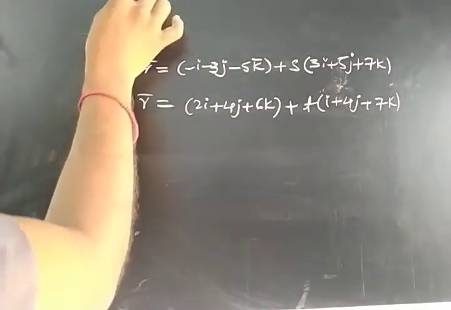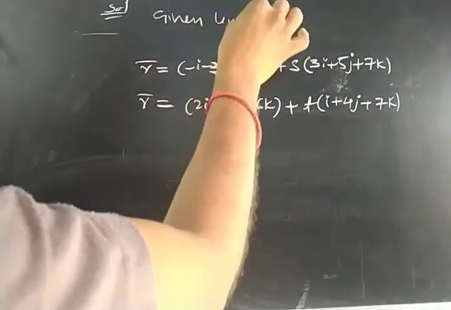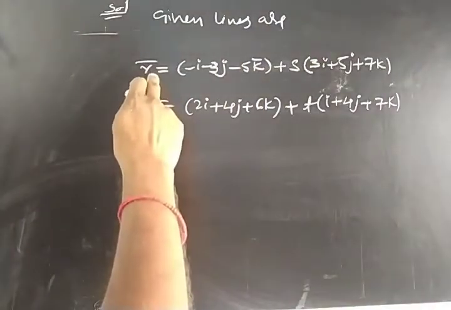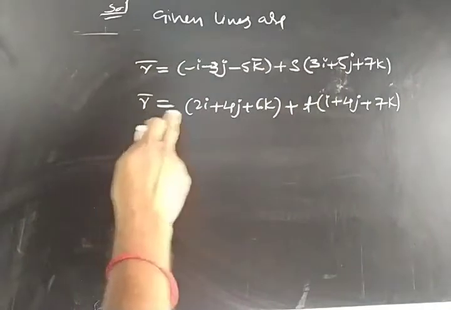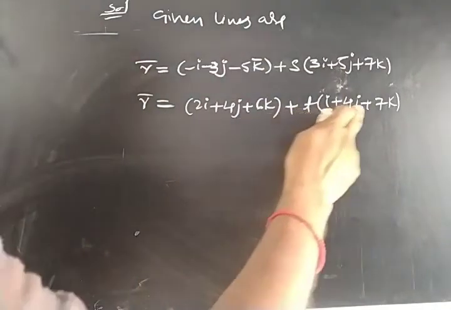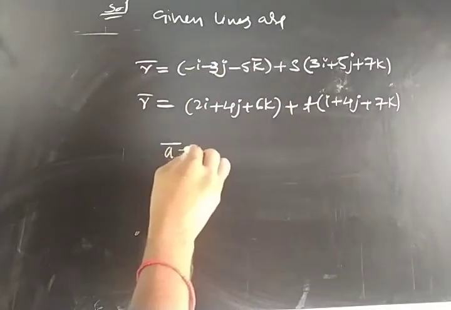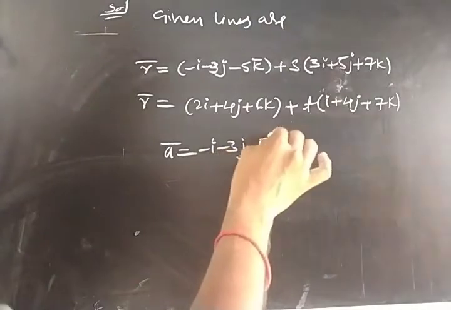So solution, the given lines are: first line I am comparing with r bar equal to a bar plus s into b bar, second line I am comparing with c bar plus t into d bar. So what you will get? A bar equal to minus i minus 3j minus 5k.